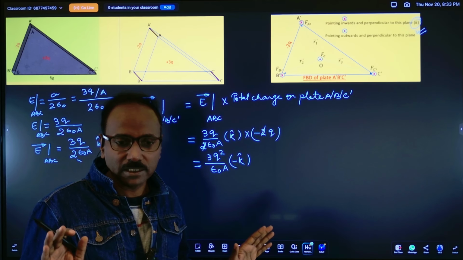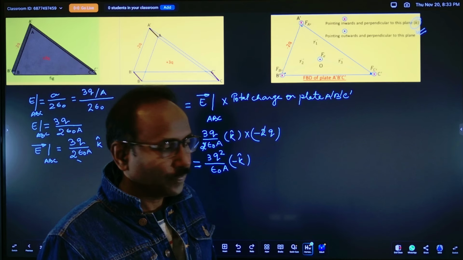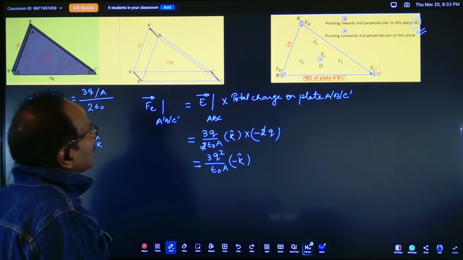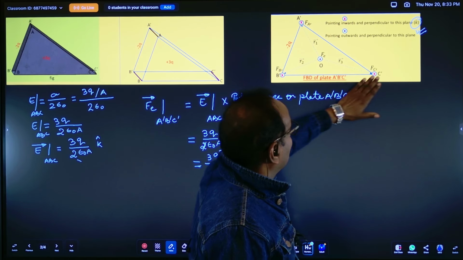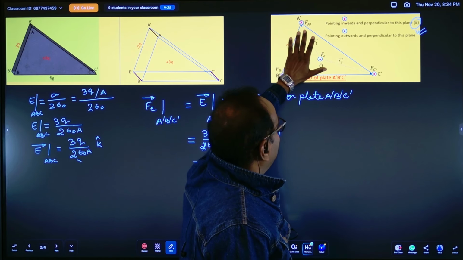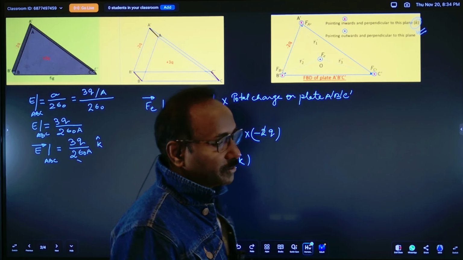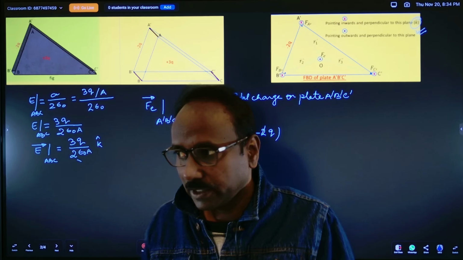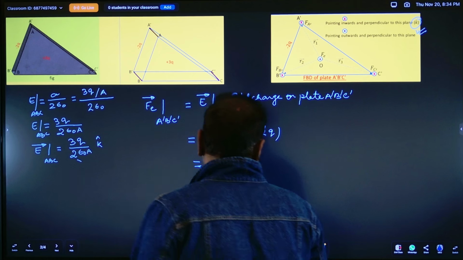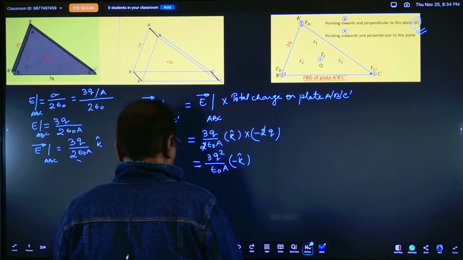So it is in a stationary condition. So we can say that the net force acting on the plate A prime, B prime, C prime will be 0, as you have studied.